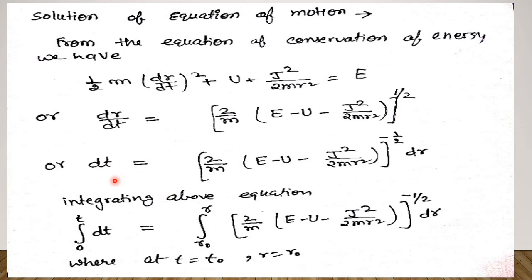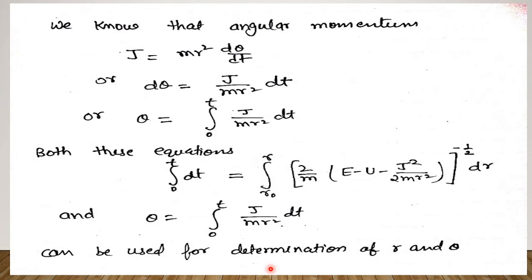So what we have is the integral from 0 to t of dt equals the integral from r0 to r, where at t equals t0, r equals r0. And also we know that angular momentum j equals mr² dθ/dt.